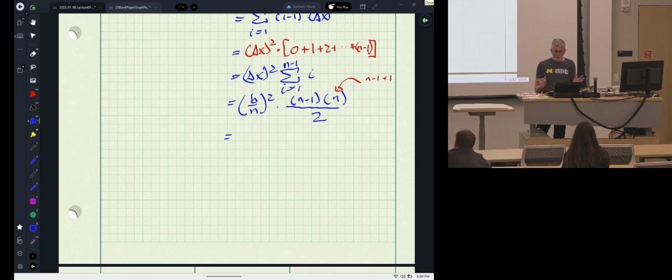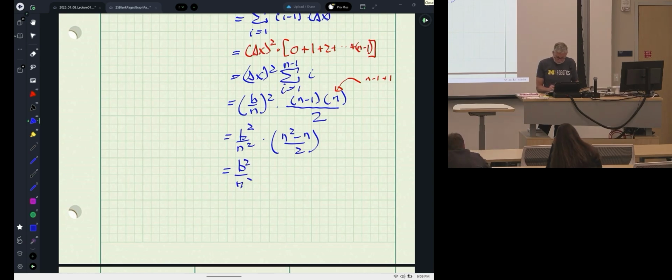And you're waiting with bated breath, I can tell. So that's b squared over n squared, our algebra. And then this is n squared minus n over 2. Painful algebra. This is why calculus is hard. It's not because the calculus is hard, it's because the algebra is hard.